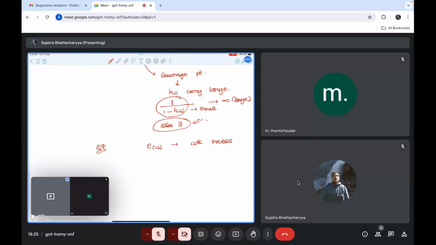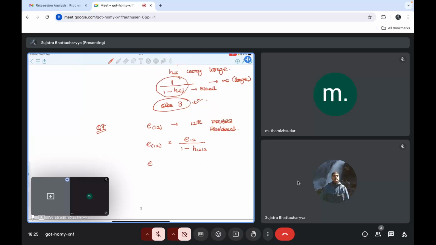And there is a clear cut formula for this to calculate, so no need to do everything manually. It is E12 divided by 1 minus HII, so in place of II, it will be H12. Correct? And we know that E12 is given to be 3.947 and the denominator is 1 minus 0.178.